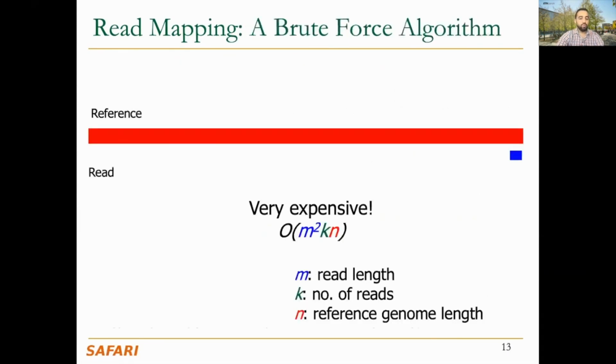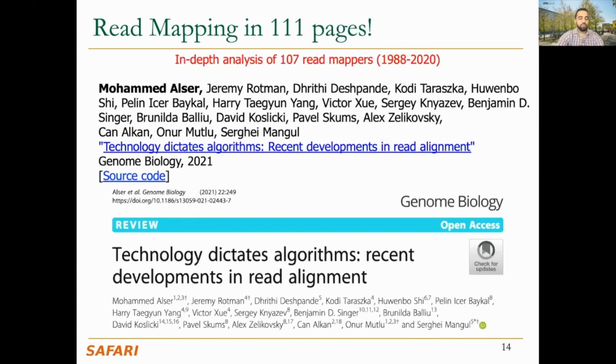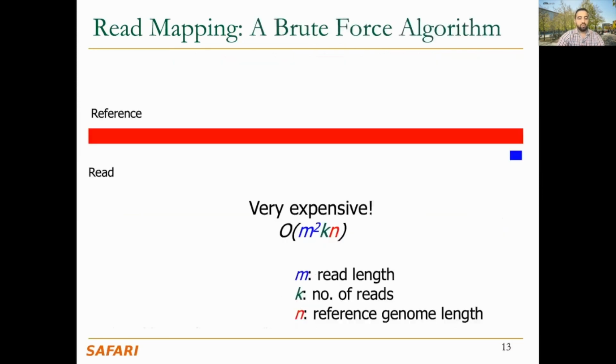For that, we don't do the brute force solution, but we do very smart ways, which can be called heuristics; we don't know, but at least it works fine. For example, we require an exact match between a location in the read and the reference genome. And once we have this exact location between the read and the reference genome, or exact matches, then we do the further alignment, or checking the similarity between the 2 pieces.